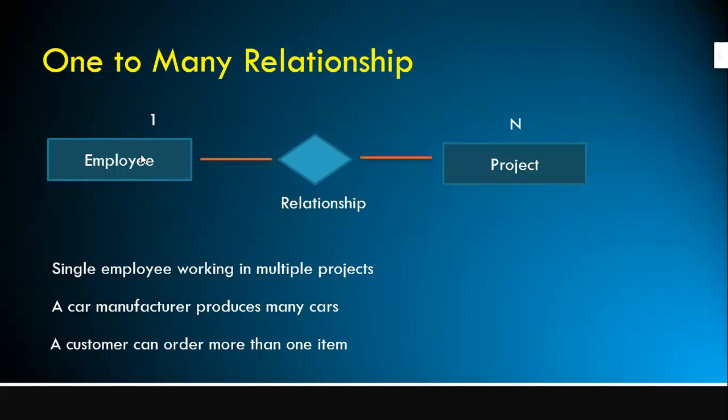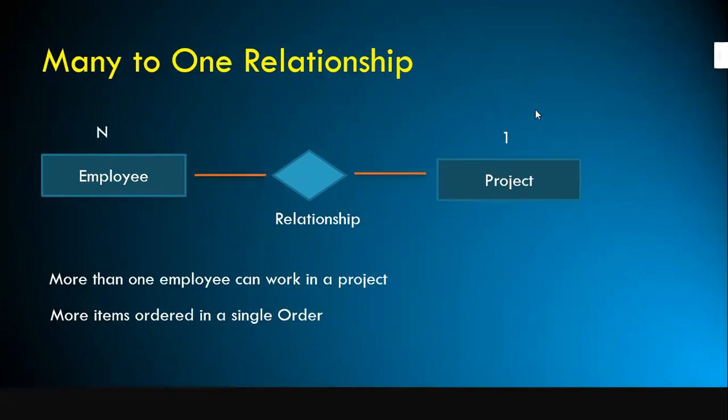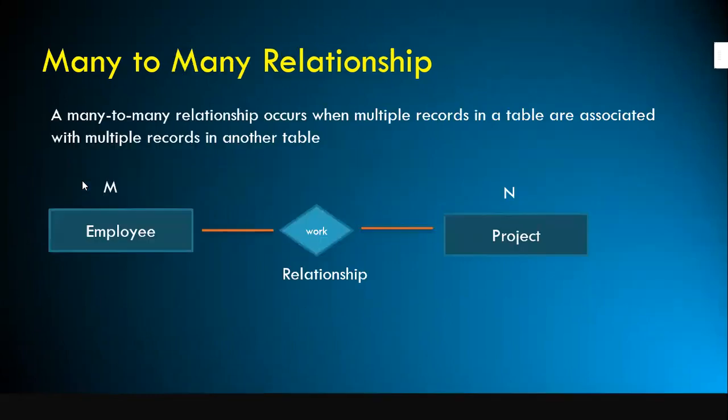So here, the many side is on the right side. In this case, the many table is located on the left side, but in this case, in both sides we have many tables. Single employee can work on more than one project. Each project can have more than one employee. Okay, so this is a many-to-many relationship.